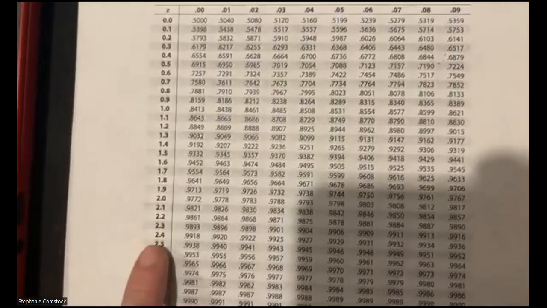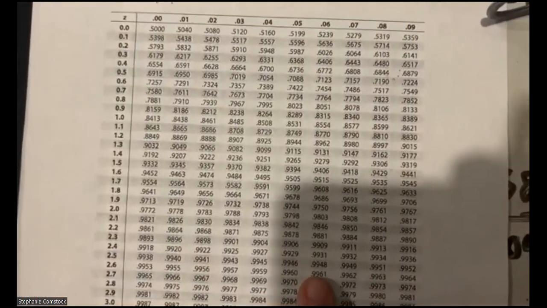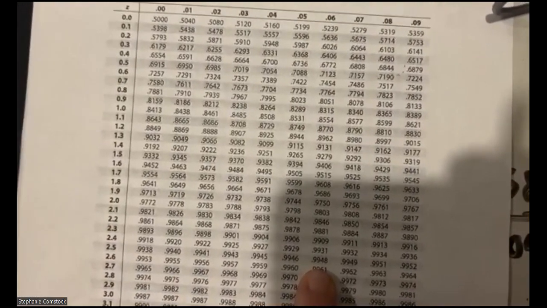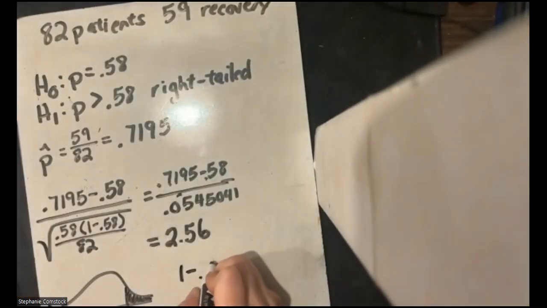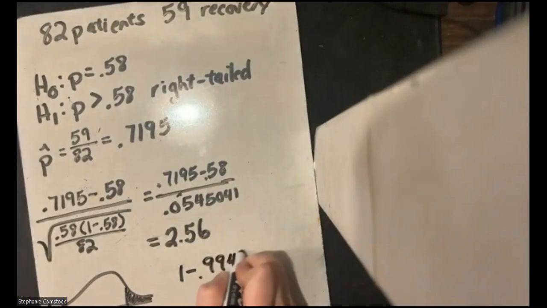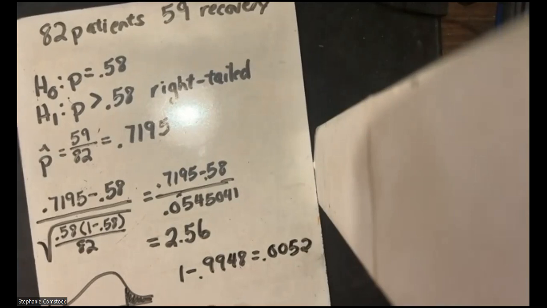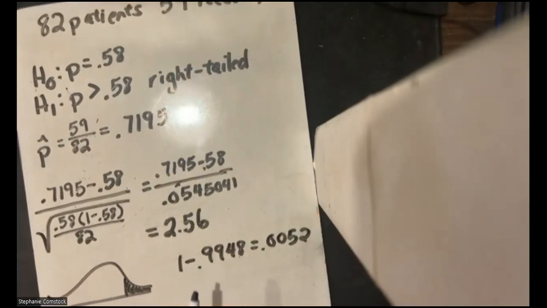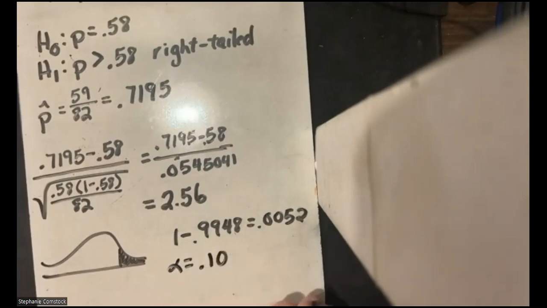So we've got 2.5, and then we're coming over to 6. So I've got 0.9948. So I'm going to do 1 minus 0.9948, which is 0.0052.